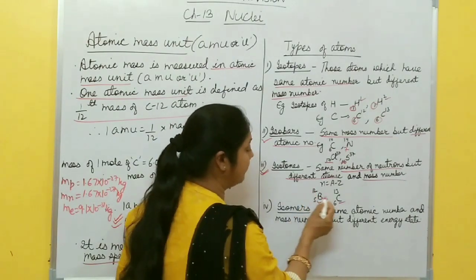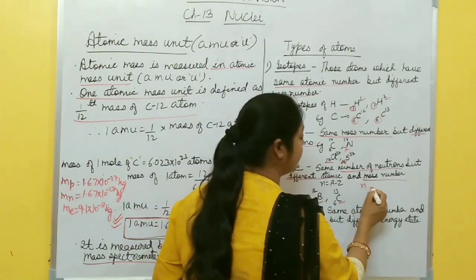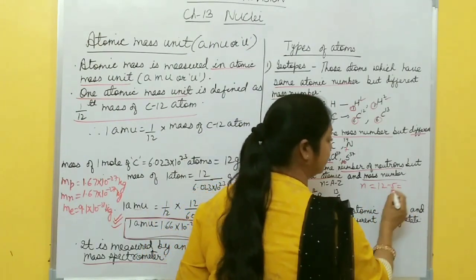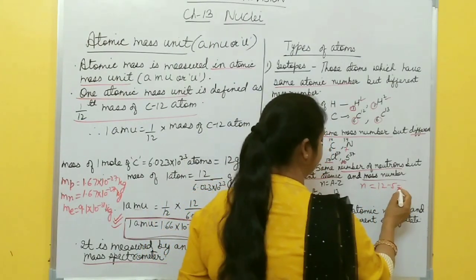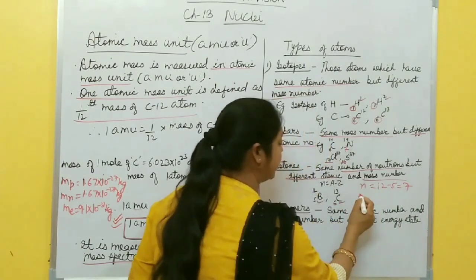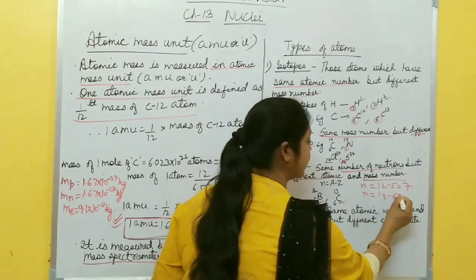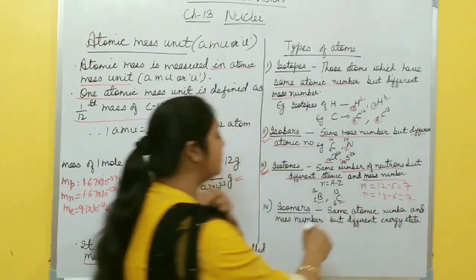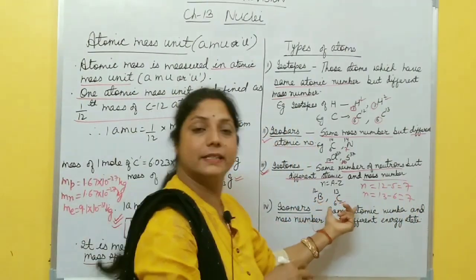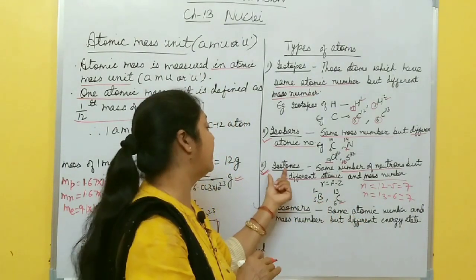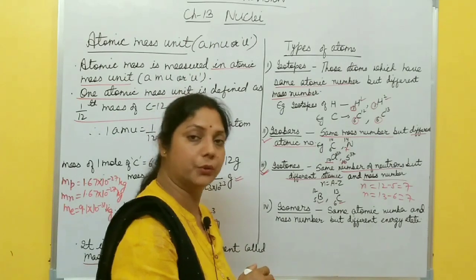So the number of neutrons in case of boron is 12 minus 5, which is 7. And in case of carbon, 13 minus 6, again 7. So both boron and carbon have the same number of neutrons but their atomic and mass numbers are different. This type of atoms or nuclei are called isotones, right?